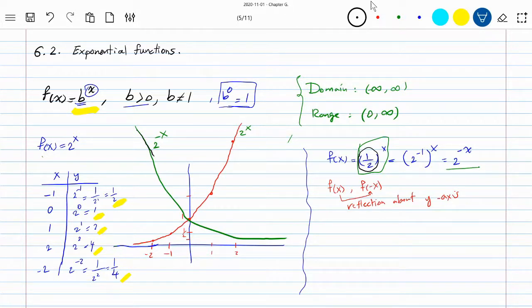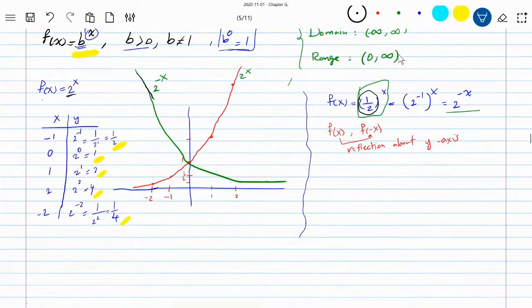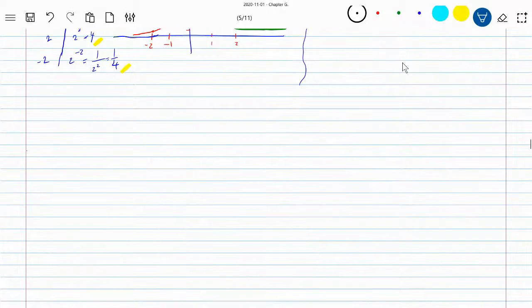On the other side, if the base is greater than 1, like 2 to the power x, the curve will have this structure of increasing function. So we can say, if I'm graphing the function f of x as b to the power x, depending on the base, if the base is greater than 1, like 2 to the power x, this is how the graph would look.